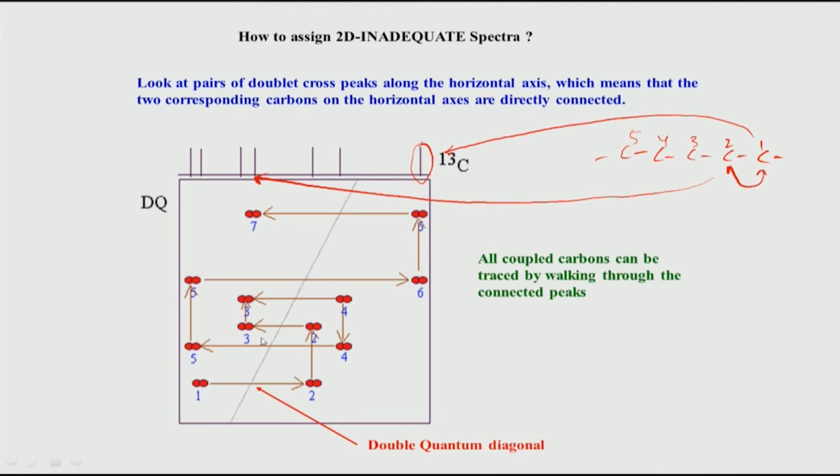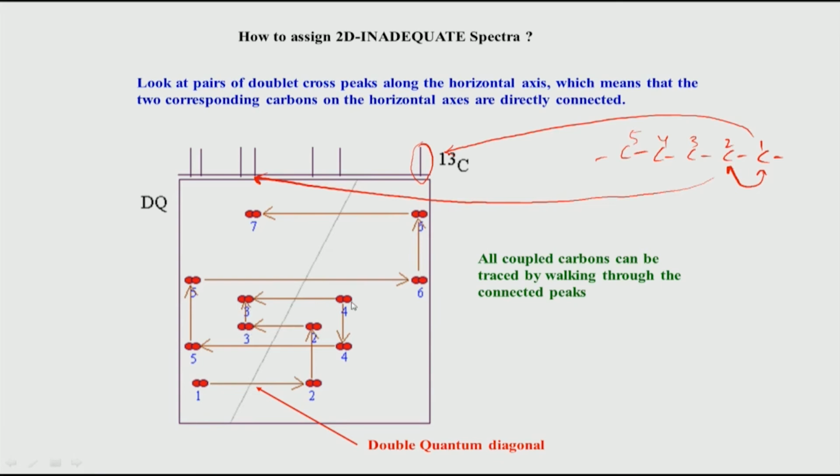Okay. So, basically what is happening here is we are going horizontal, vertical, horizontal, vertical. When you go on the horizontal line from one peak to another peak, we get the neighboring connection information. So, we get two atoms connected to each other directly through one bond. Then we go up, we get a second connection, we go left, we get another connection.